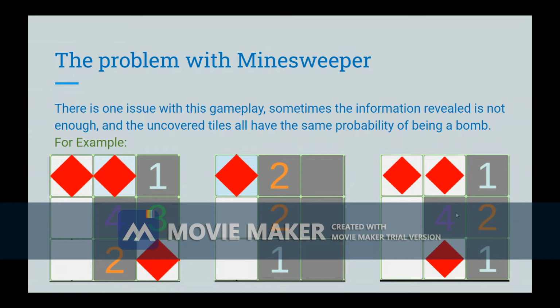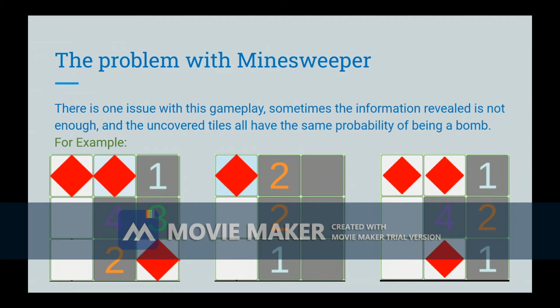Same with this, and same with this. We only get 1 piece of information for both of these, which I always find really frustrating, especially when you clear like a 16x30 board and you get to 2 last tiles and 1 bomb left, and you have to just pick a 50-50 chance, and then you might lose, which is really frustrating after clearing the entire board.